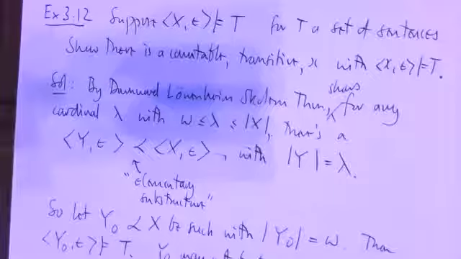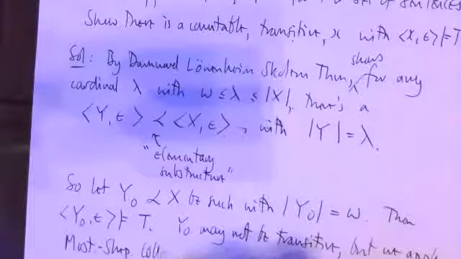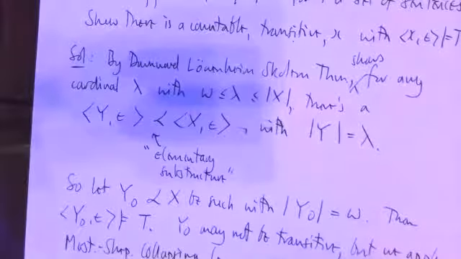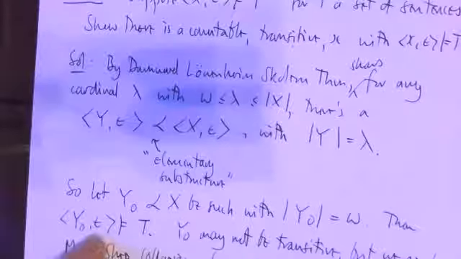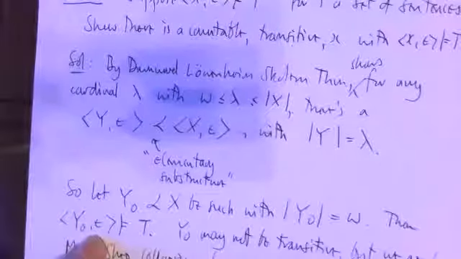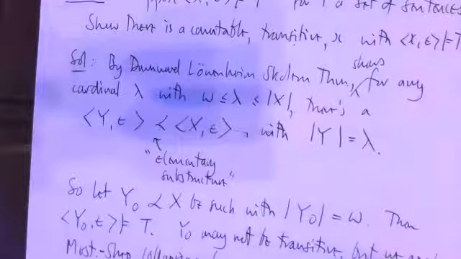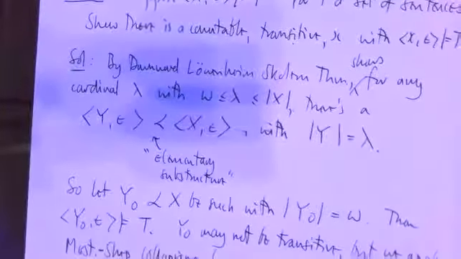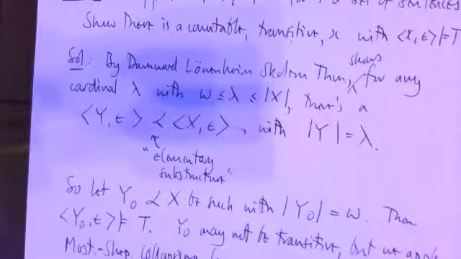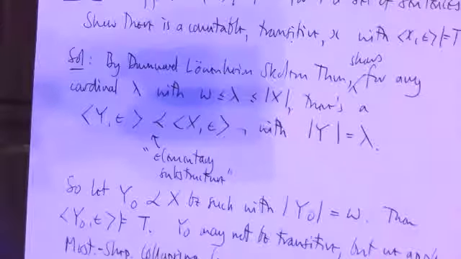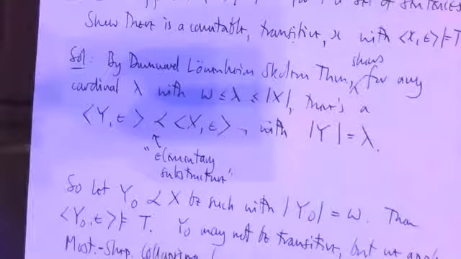So we apply the Mostowski-Shepherdson collapse. Epsilon is a well-founded relation, and it's extensional on any structure. So we've got some pi that takes Y0 epsilon to the X that we want, and it's an isomorphism.